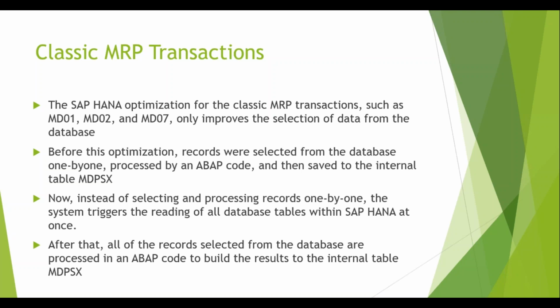That is the reason SAP came up with MRP Live, in which the complete process, starting with database selection to processing to finally saving the result in the table, happens in a parallel way using the power of SAP HANA. MRP on HANA works on traditional transactions. MRP Live has a completely new transaction called MD01N.